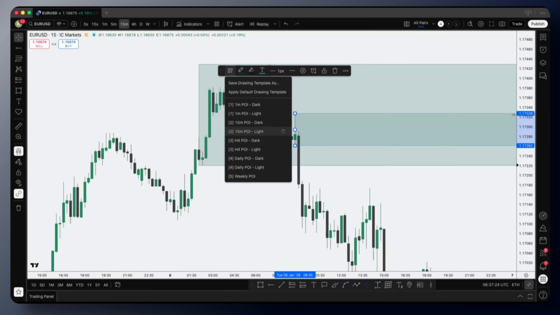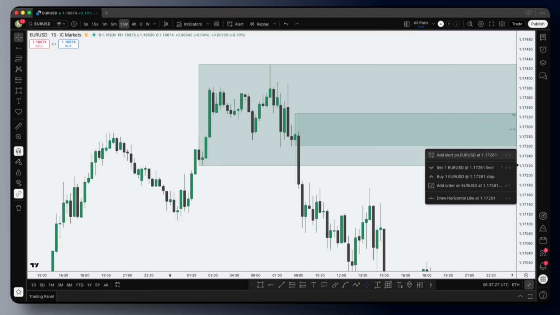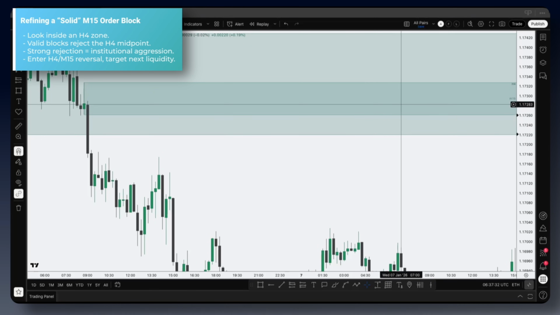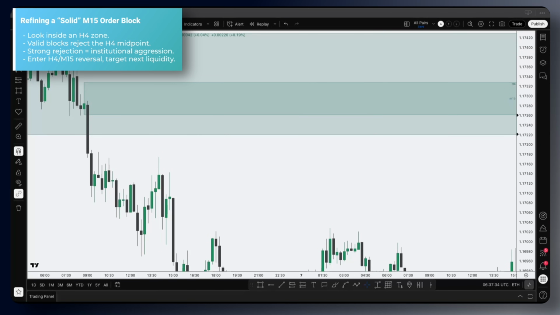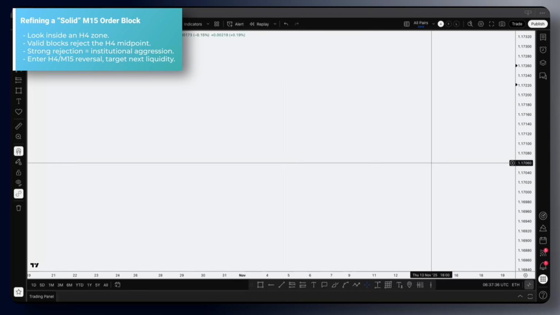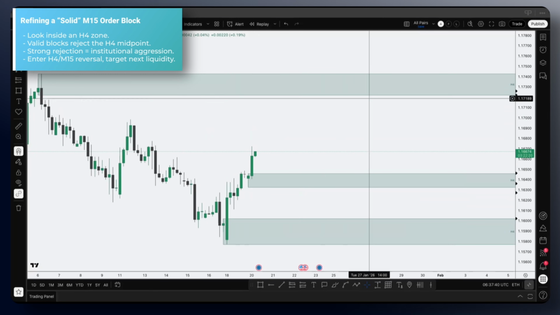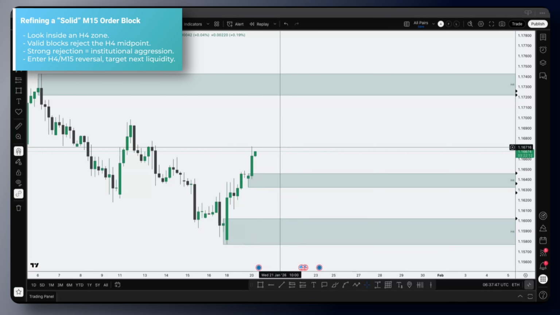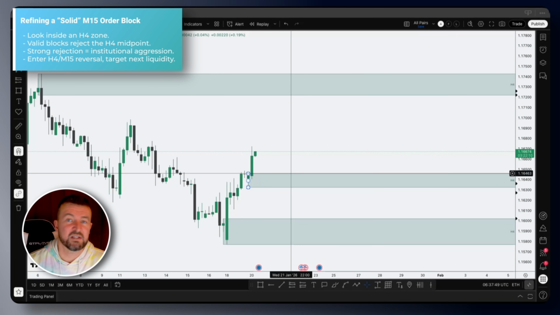I would like to try and trade short from this if I can, with the view of feeding it down to another order block. Okay, so not necessarily just a 15, but because it would be leaving an H4 up here, if there isn't another order block created on the lead into it, then this would be the target.